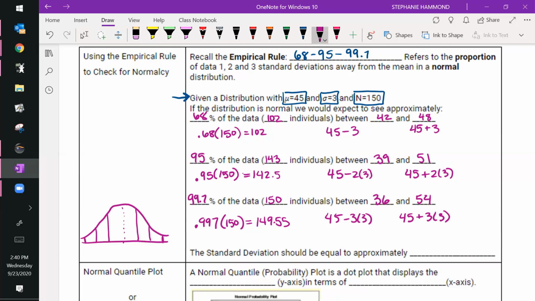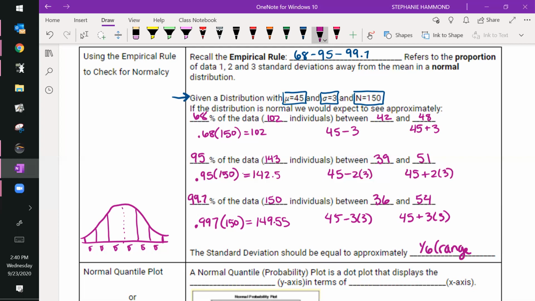That's a total of 1, 2, 3, 4, 5, 6 standard deviations that make up 99.7% of the data. So if we know it's normal, the standard deviation should be about 1/6 of the total range.